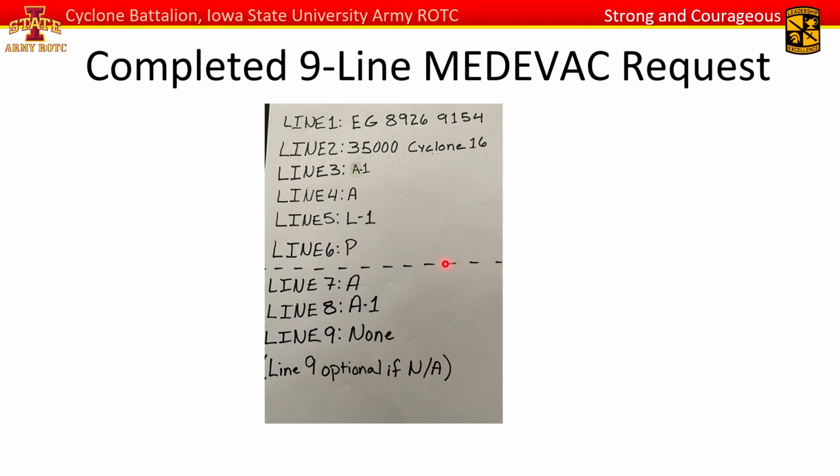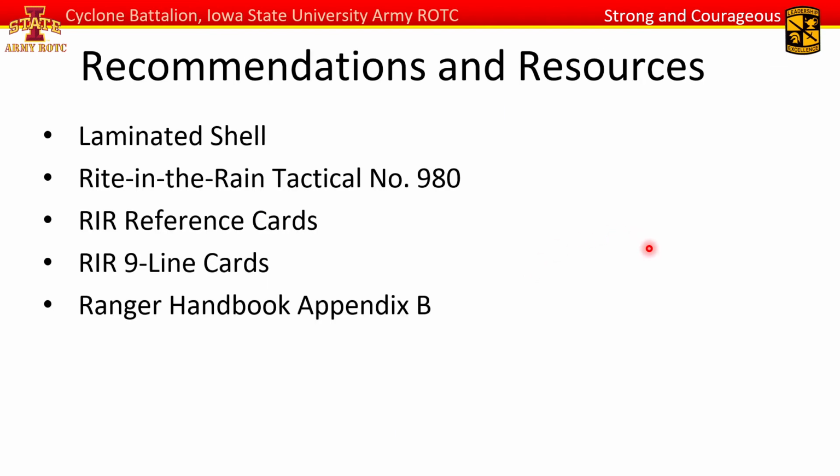And then you'll have a slight pause here and go to line 7, Alpha. Line 8, Alpha 1. So that would finish your 9-line report. They'll ask you if they need to repeat any lines, and then you will sign off the radio and your Medevac would be inbound.